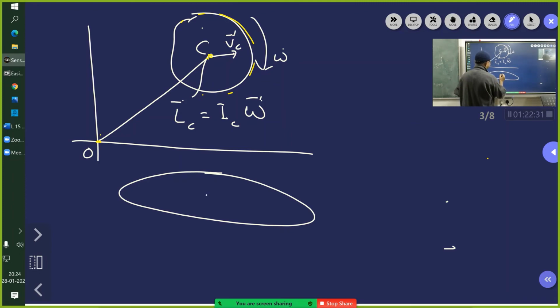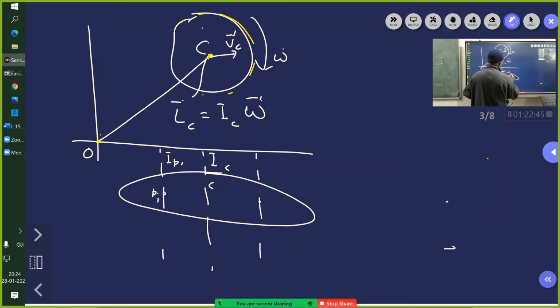So this is C, and this is the centroidal axis, IC. This axis is IP1 because it is passing through P1, and this axis is IP2, passing through P2.